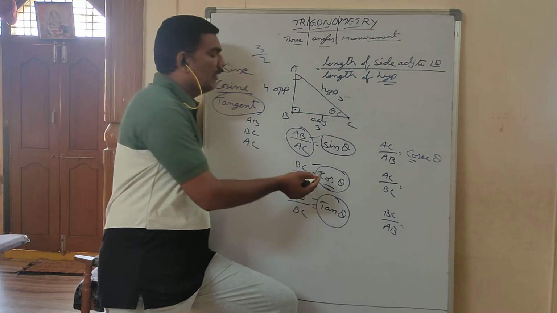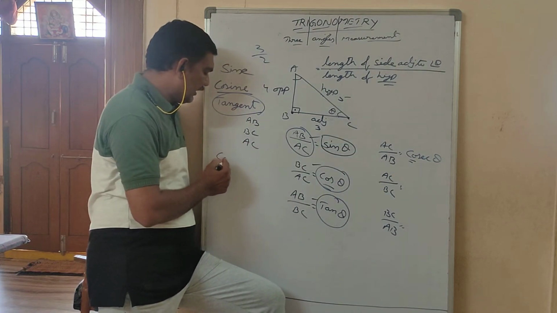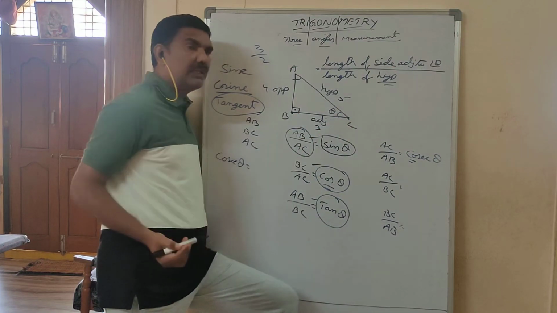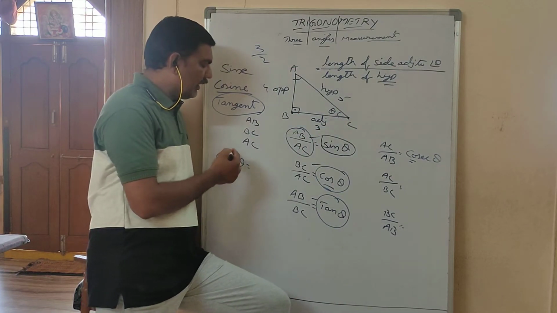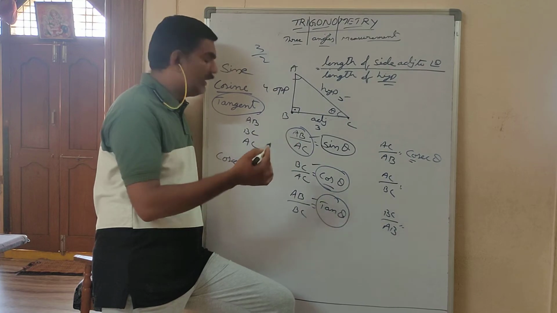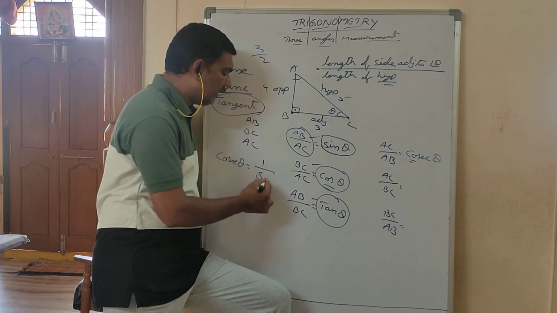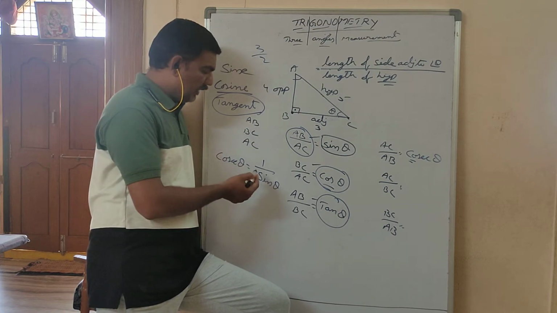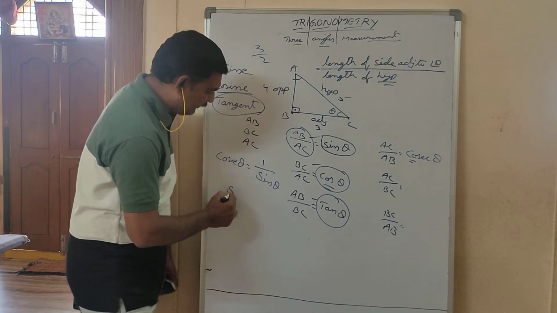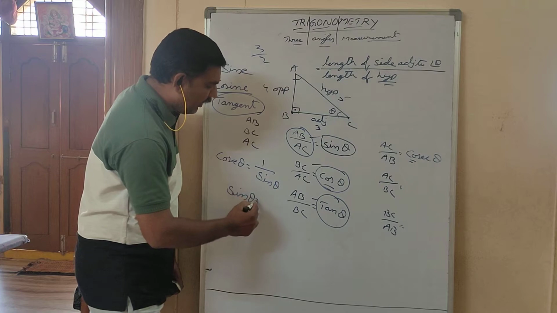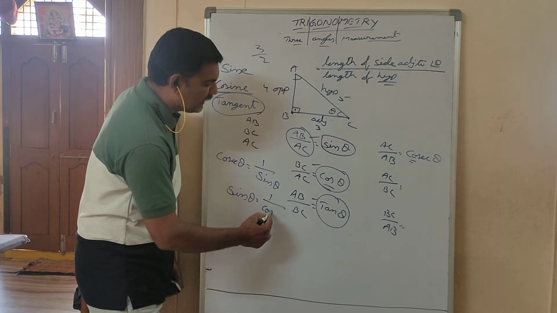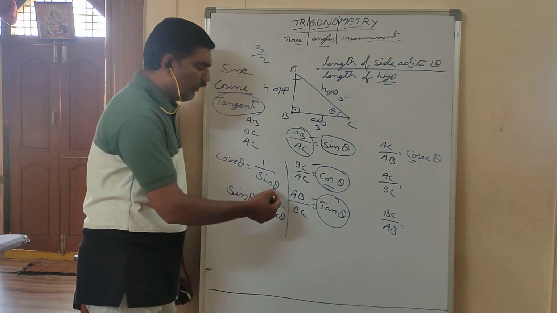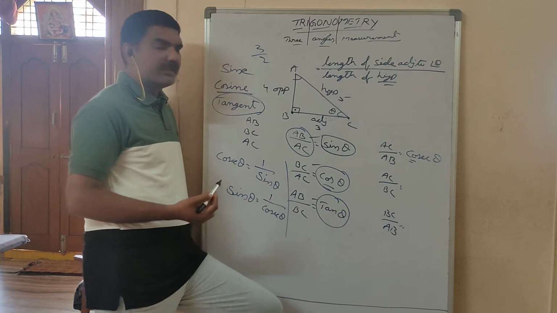Similarly, write cosecant theta in terms of sine theta. Cosecant theta is 1 by sine theta. Otherwise, write sine theta in terms of cosecant theta: sine theta is equal to 1 by cosecant theta.